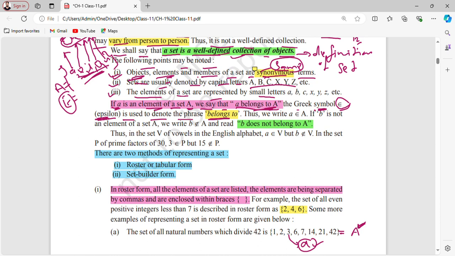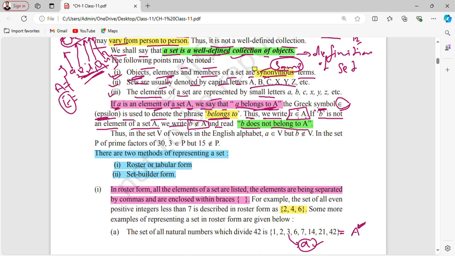So we write a belongs to A. It means a is an element of set A. If b is not an element of a set A, we write b does not belong to A, and read it as b does not belong to A.